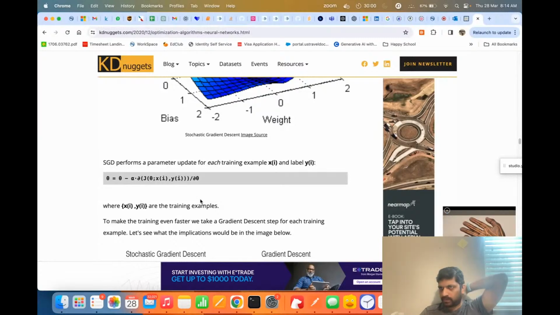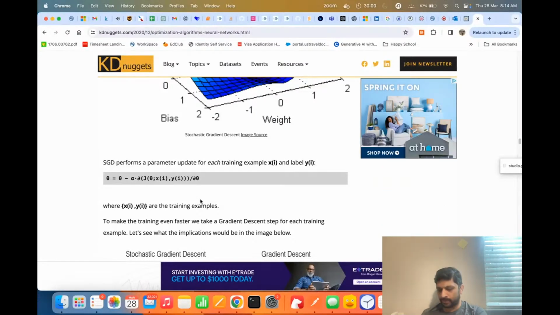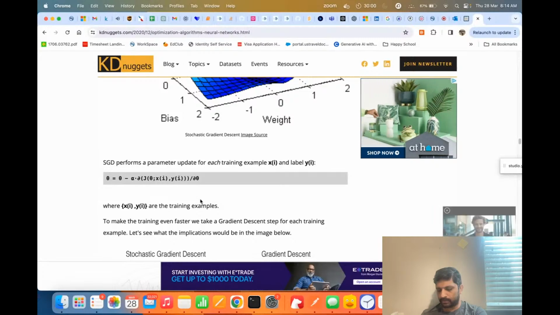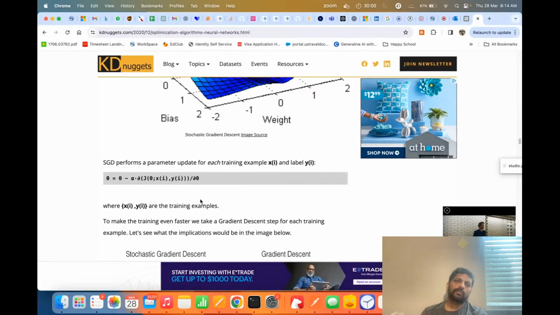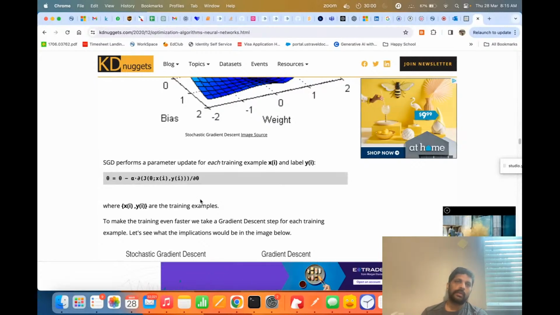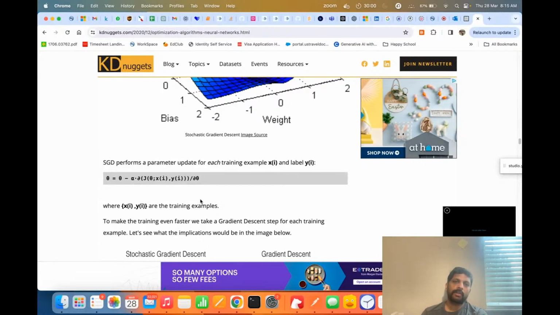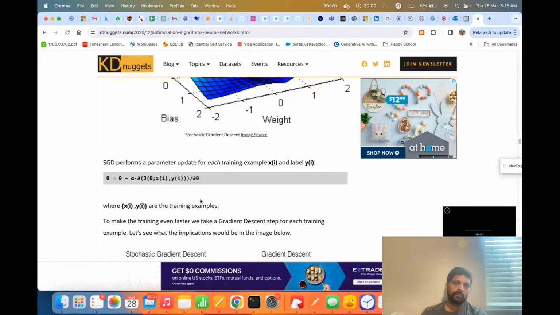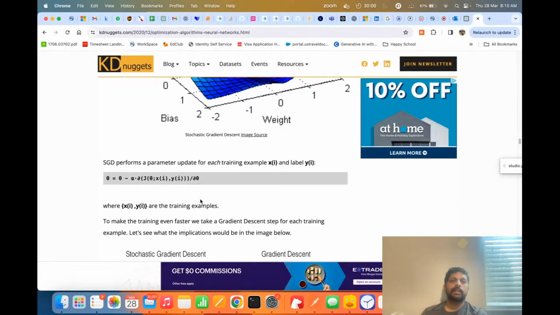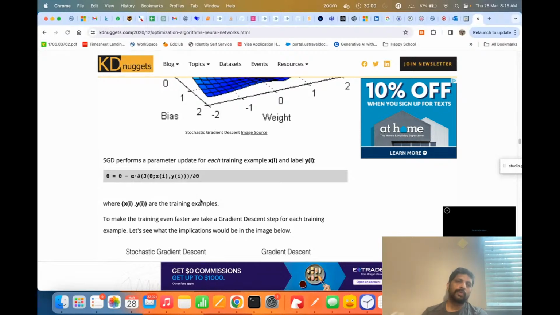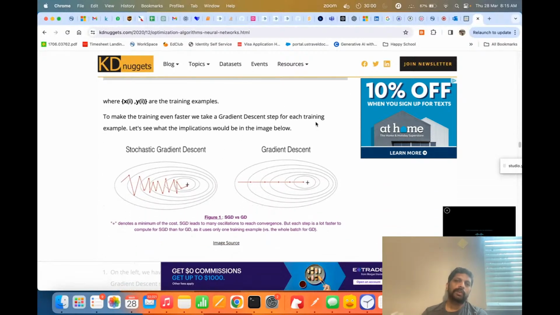So instead of taking all the x parameters and doing the whole math, he takes one x parameter and y parameter, calculates it, and then repeats that process. To be faster, we can take a gradient descent step for each training example. So for each training example, he will take a step.